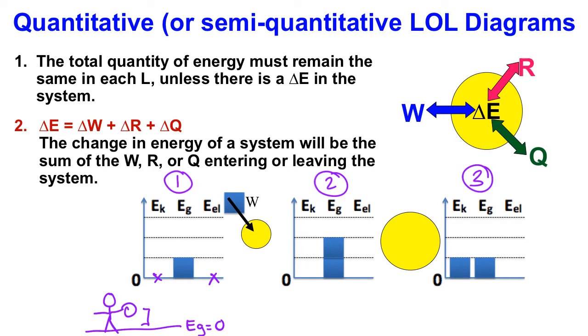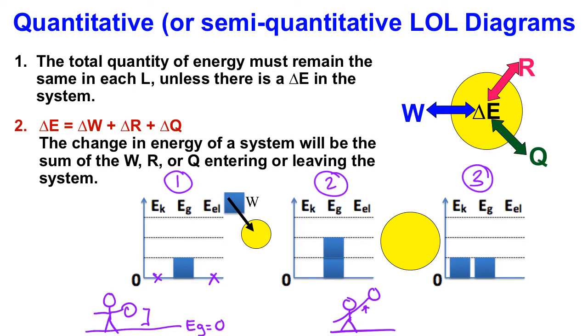Okay. Now, if I take a look at the second LOL, in that moment, there is more gravitational energy. And so that would happen if this person on the ground raised that ball up high, applied a force to raise the ball up higher.